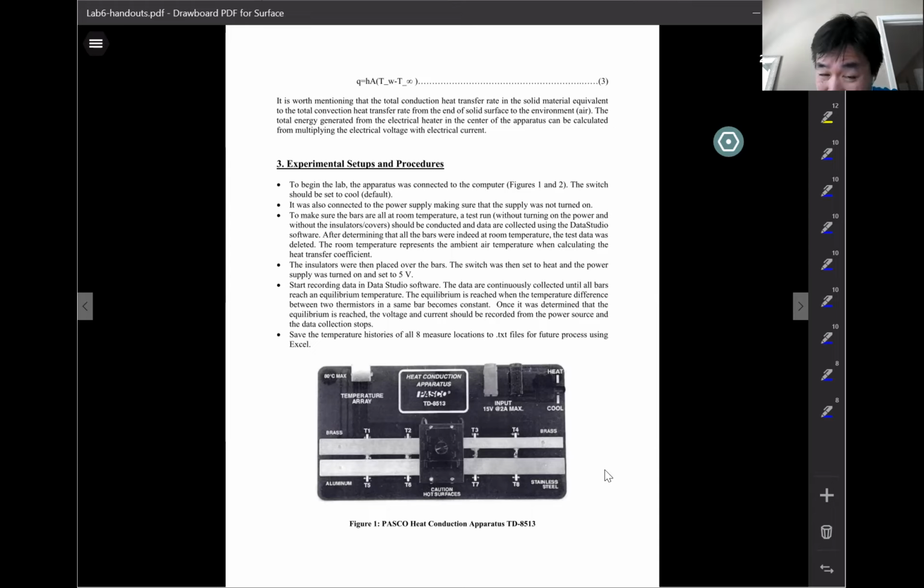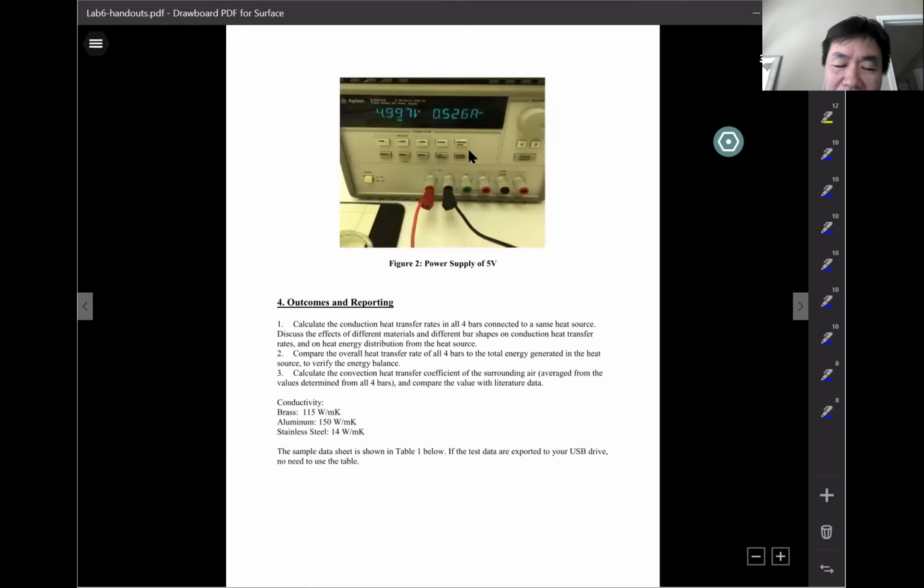You already did the previous cross-flow heat exchanger experiment. You know the electrical heat generated should be equivalent to the heat transfer through the 4 metal bars, so there should be a heat balance, since you connected this to the electrical heater.